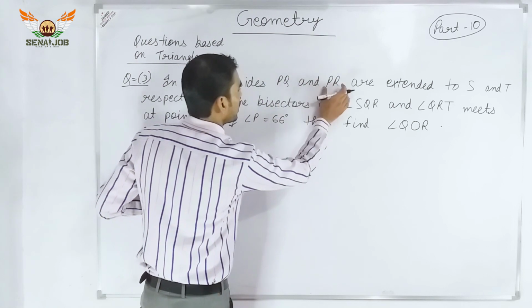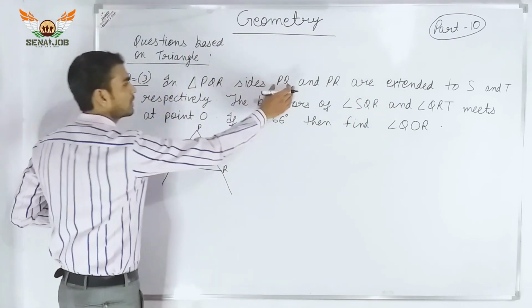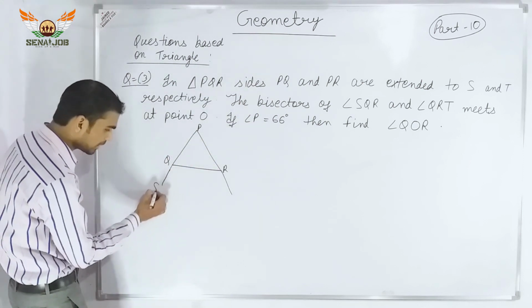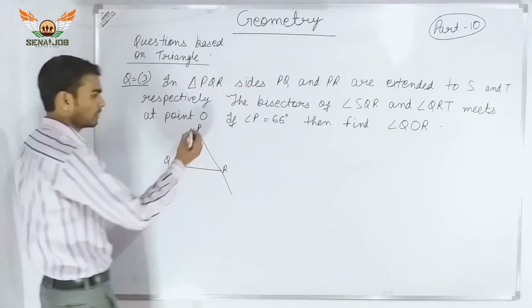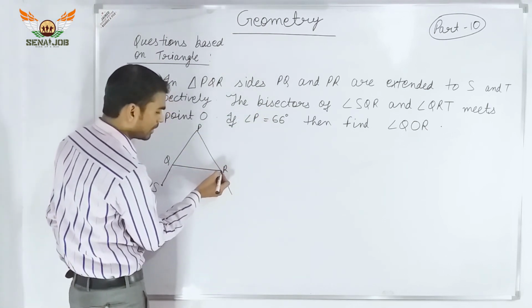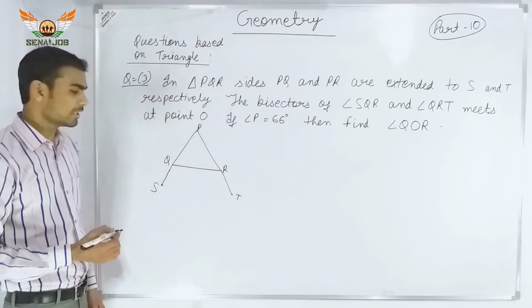Now PQ and PR are extended to S and T respectively. PQ side is extended to S point, and PR side is extended to T point. So this is T. Write down T.